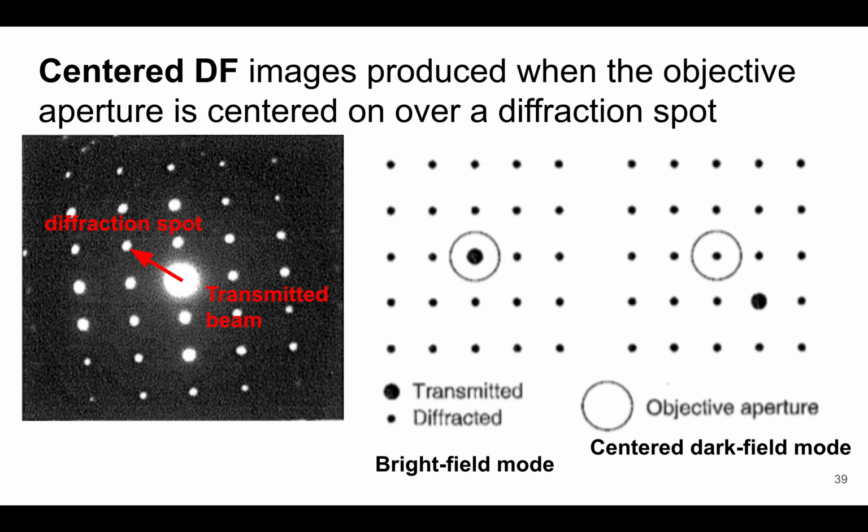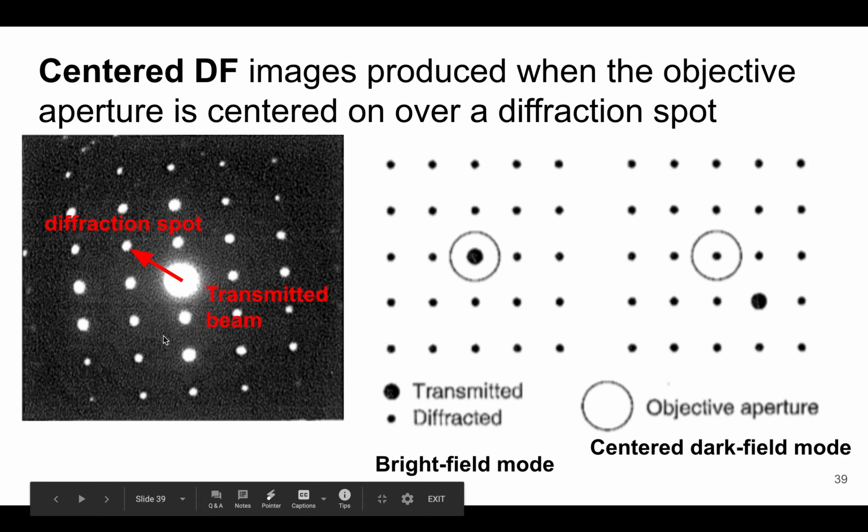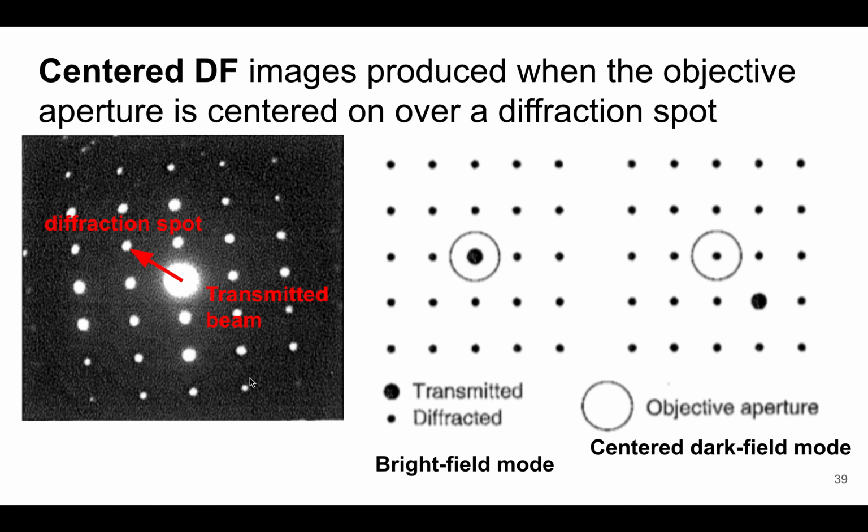So in doing this, what we try to do is center the objective aperture that I've shown before on a diffraction spot. So let's imagine this is again a reciprocal space lattice.